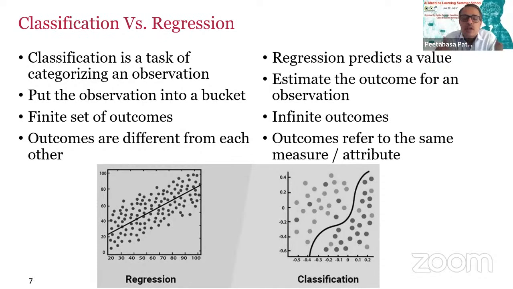For the final outcome, it has to be either 0 or 1. It can't be anywhere in between. Whereas in a regression task, I can have any number of values between 0 and 1. So outcomes are more or less infinite, and that's where we distinguish between regression and classification. Of course, there are other definitions, but this is one of the simplest and most relatable ones.